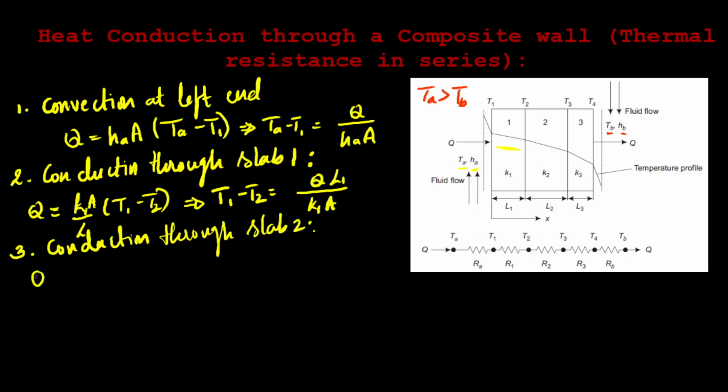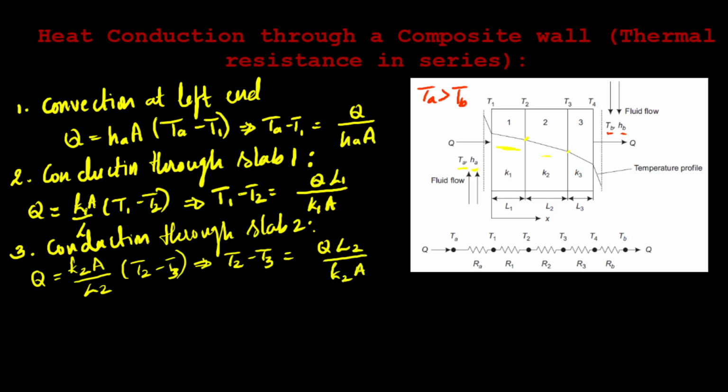Here also the heat transfer rate remains the same, that is Q will be equal to K2 into A divided by L2 into T2 minus T3, because for slab 2, T2 is the temperature here and T3 is the temperature here. So T3 is the temperature on the right face of slab 2.